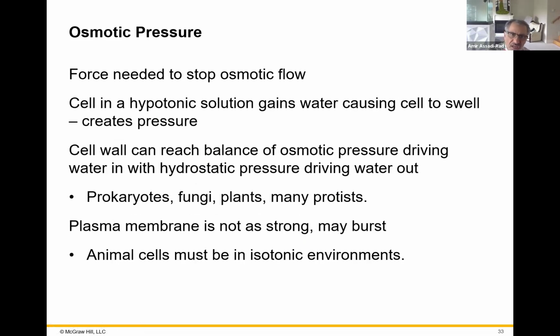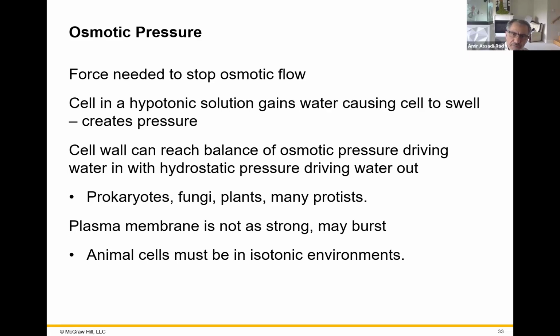Osmotic pressure, forces need to stop osmotic flow. Cell in a hypotonic solution gains water, causing cell to swell, creates pressure. Cell wall can reach balance of osmotic pressure, driving water in with hydrostatic pressure driving. I like to see a picture to explain osmotic pressure.